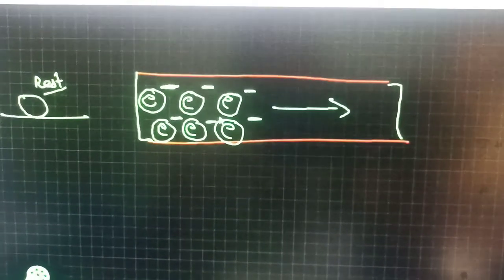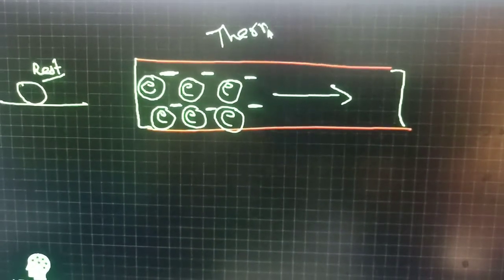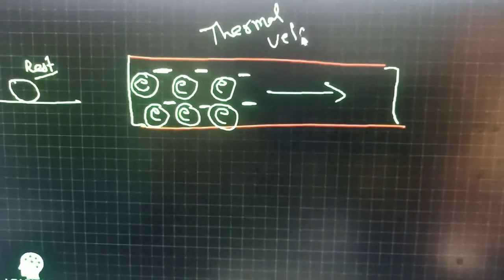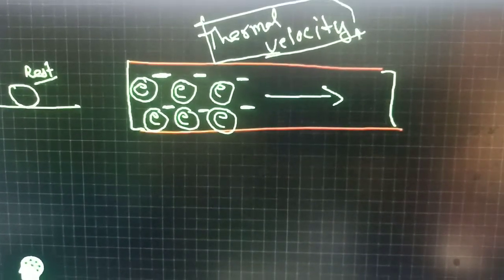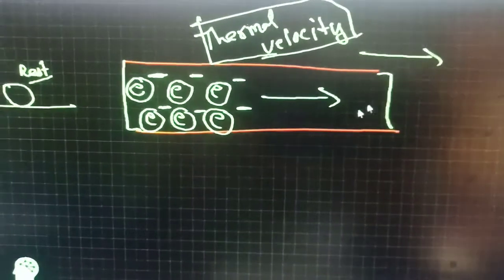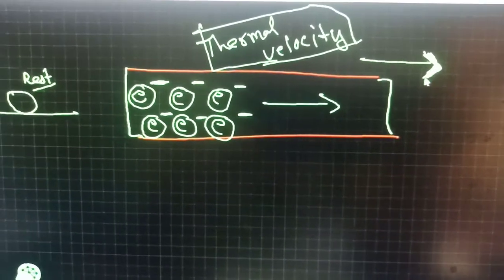At present they are at rest, but when the electrons are moving, that means some force is there, and due to this force they move from one place to another. You will read about the thermal velocity in the higher classes, how they are moving.